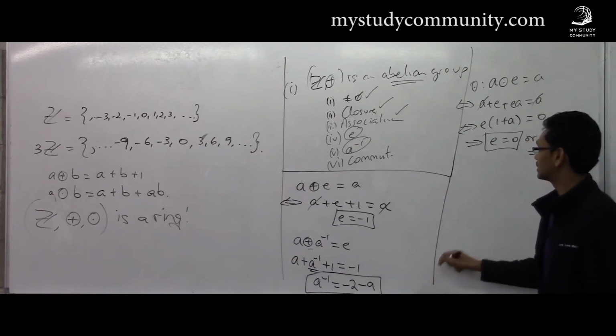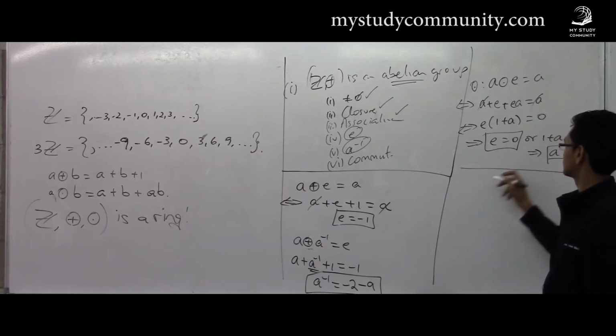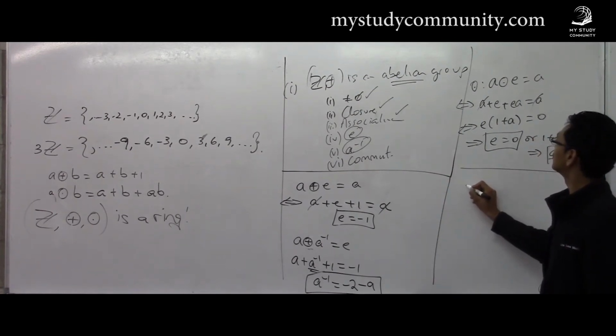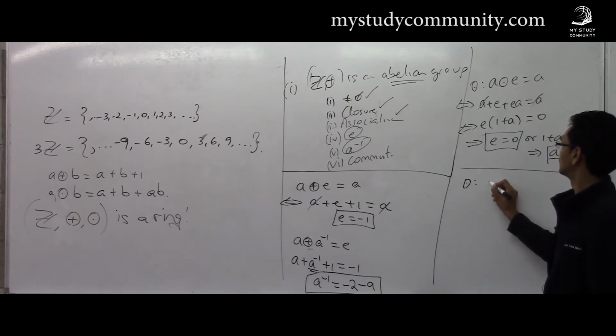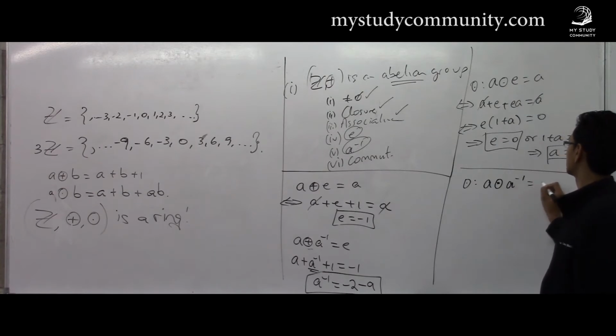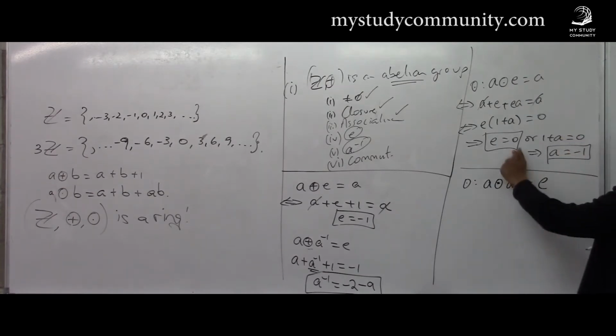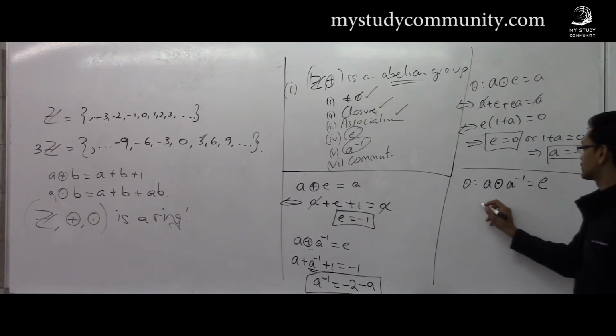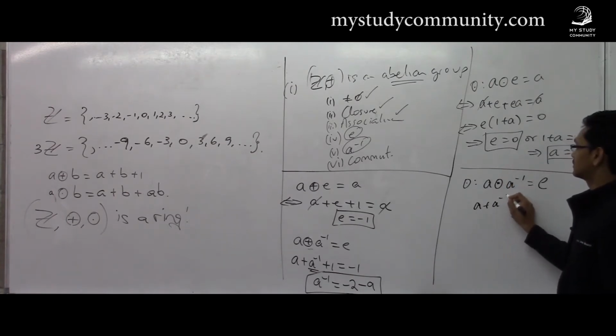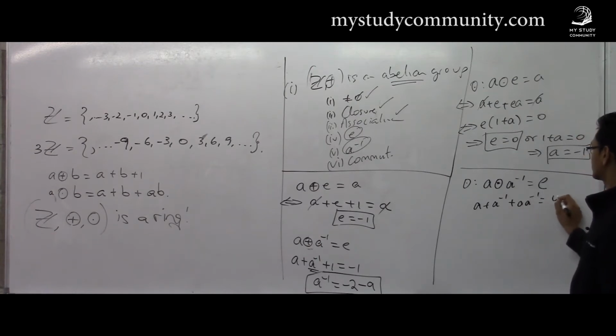So with that being said, now the inverse. A circle dot A inverse equals E, but E is 0, so A plus A inverse plus A times A inverse equals 0.